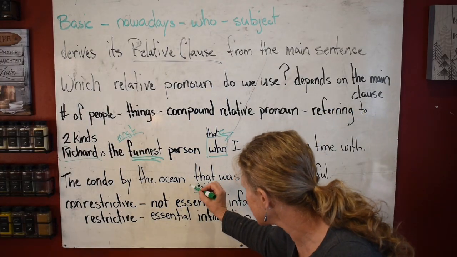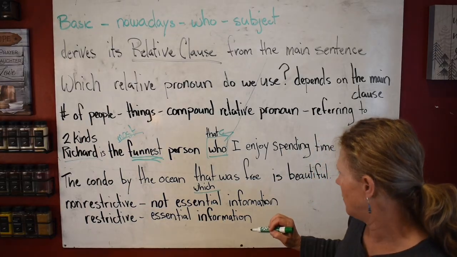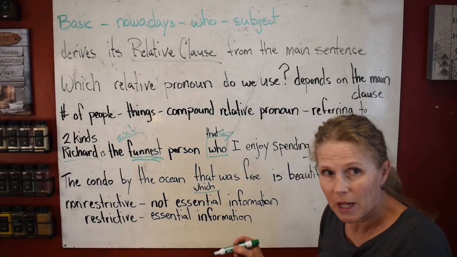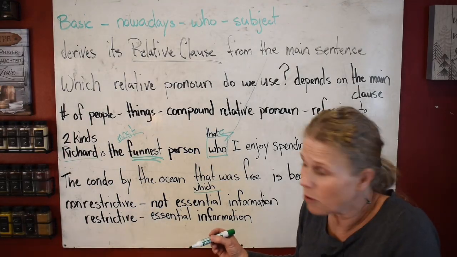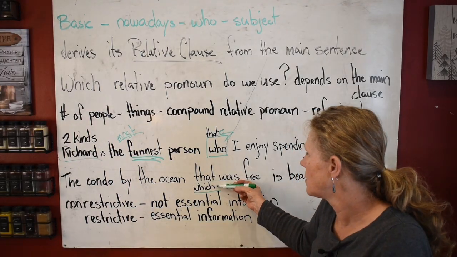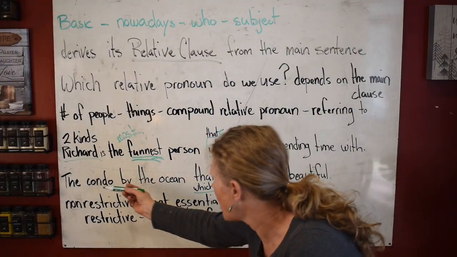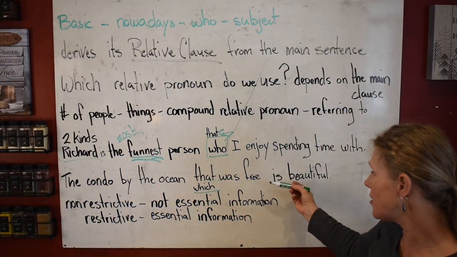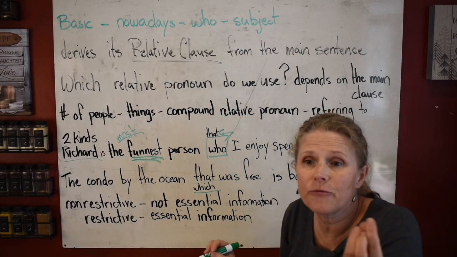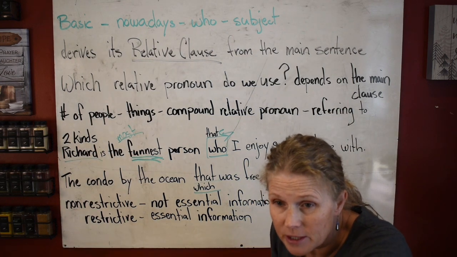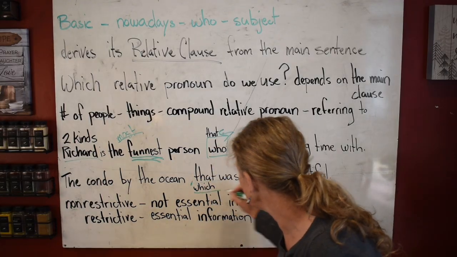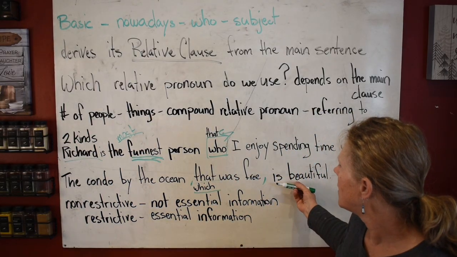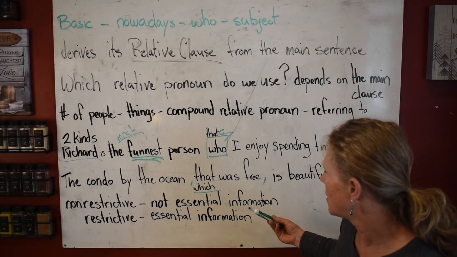If I feel it's absolutely necessary, then I leave the word that. But if I don't, what do we use? Which. The condo by the ocean, which was free, is beautiful. And then if we use which, what are we going to do with it? We're going to put commas before and after, because then it becomes non-essential.